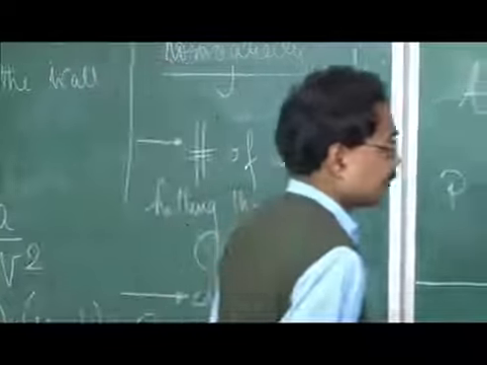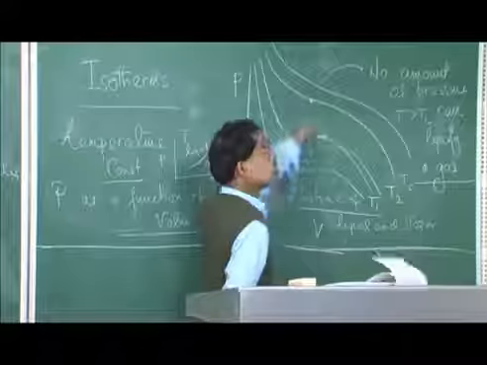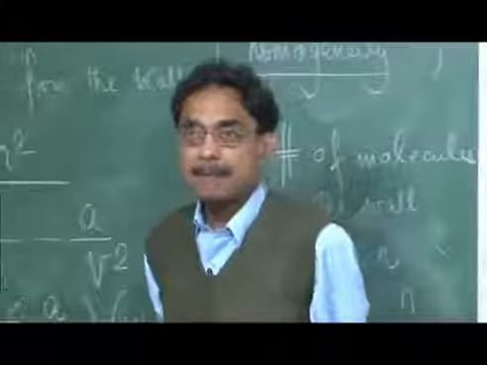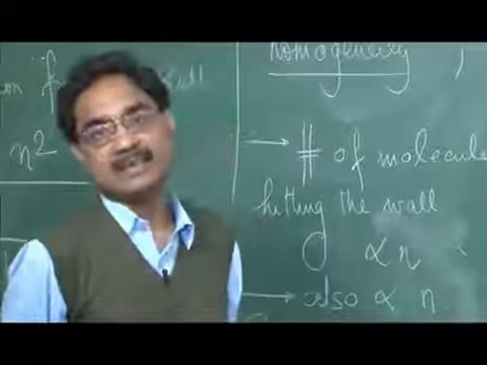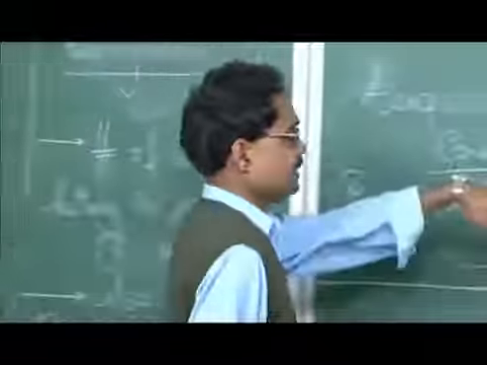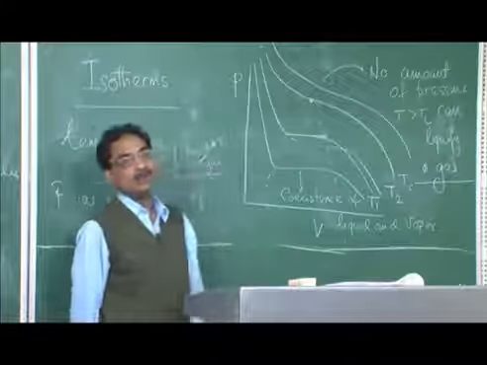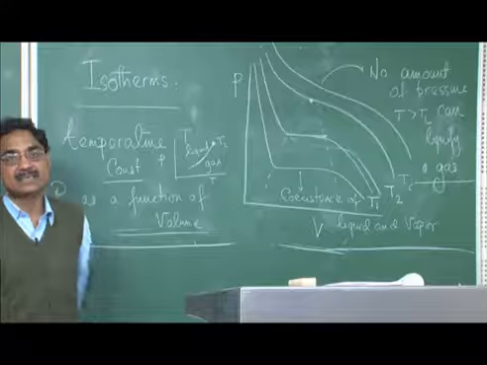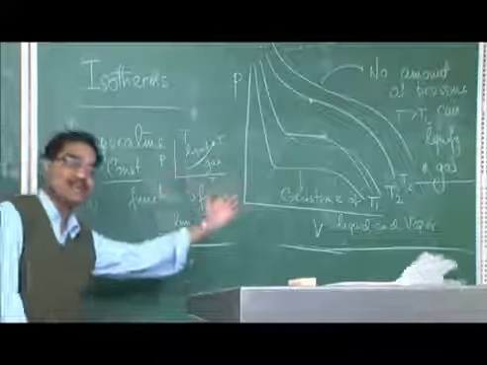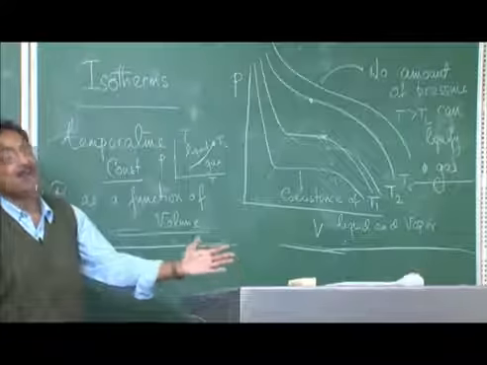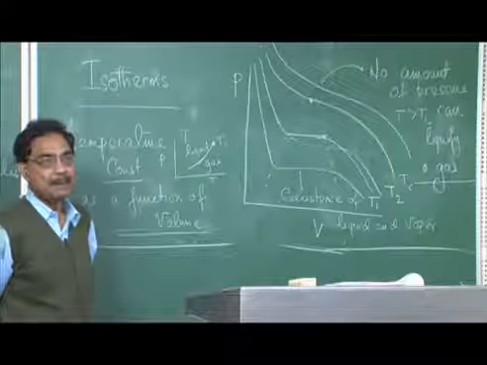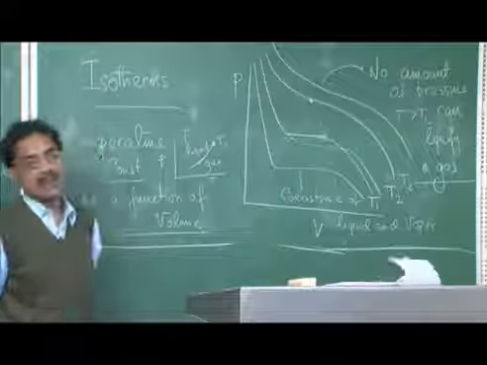But if I am sufficiently high in temperature, which is the critical temperature, we cannot liquefy a gas by application of any amount of pressure. If I am below Tc, the critical temperature, there will always be a coexistence region in which vapor and liquid will coexist. Either it is entirely liquid phase, or it is gas phase, or it will coexist. So, this is the summary of the implications of the van der Waals equation.